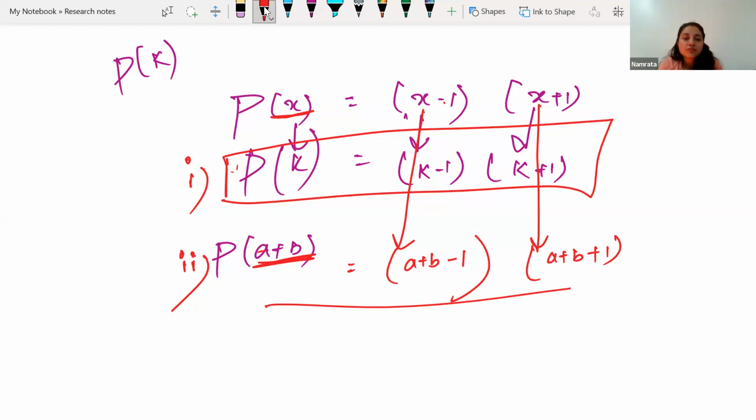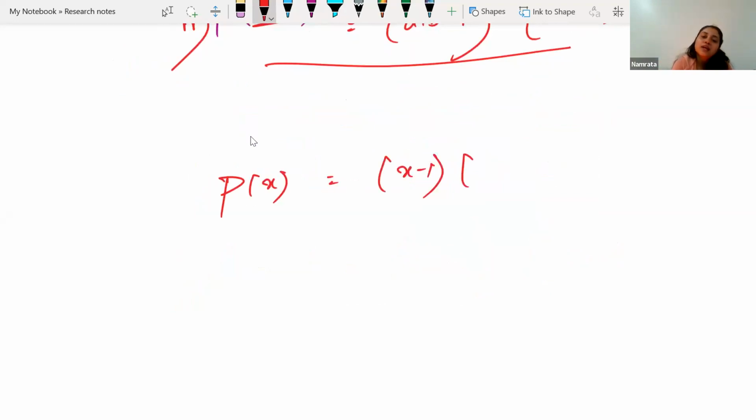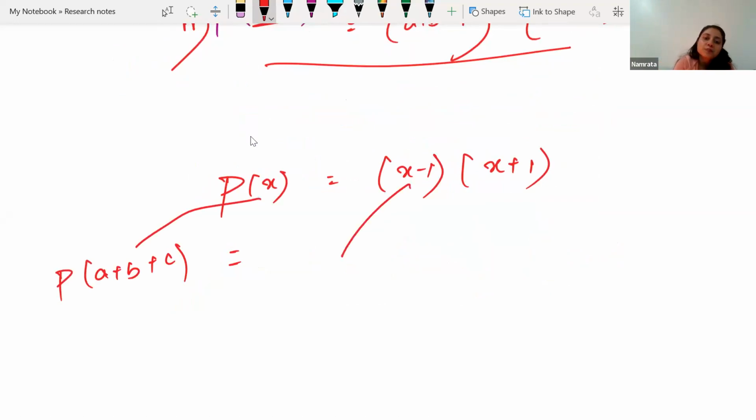Is it clear to everyone? Yes, ma'am. If p(x) is given as the same polynomial (x - 1)(x + 1), and we have to find p(a + b + c), then no worries, in the place of x we will substitute a + b + c - 1, a + b + c + 1.